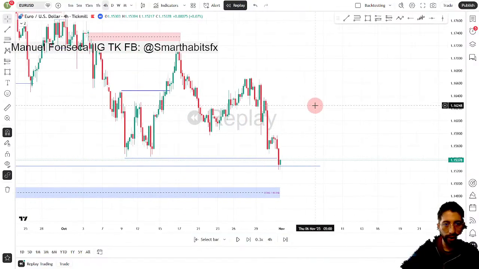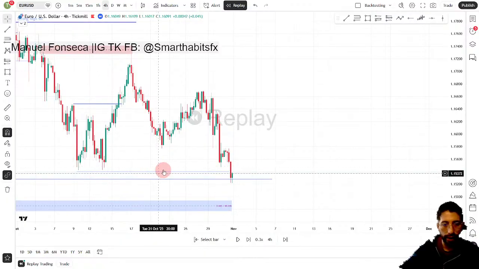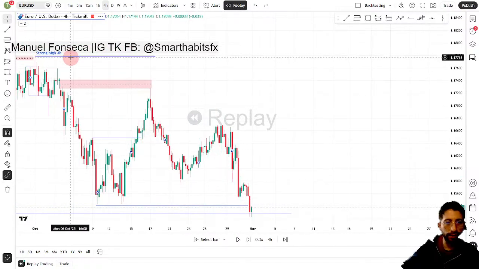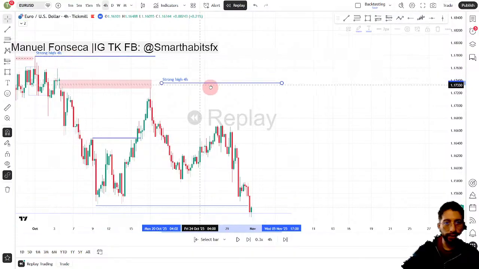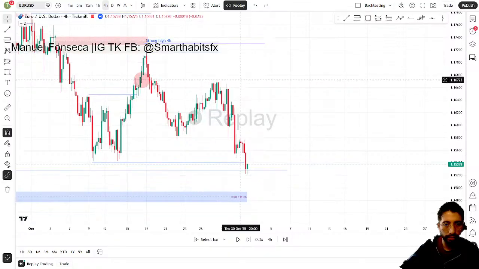We have to update our range, because once we have this break of the week high, which is what we're perceiving here, we need to select our new strong high on the 4-hour time frame. Ideally, we would select this one because it's from this point where the impulse starts.